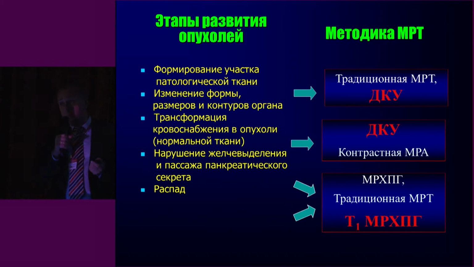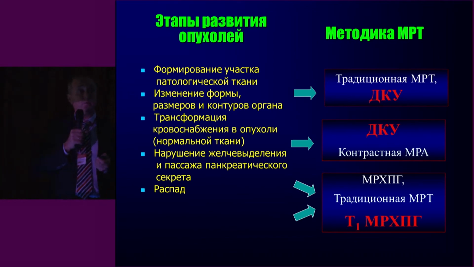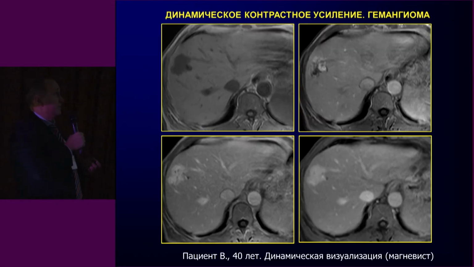I would like to say that we need contrasting agents at the preclinical or subclinical stage to see these or those changes. Because if there is a destruction, if there is a clear clinical pattern seen, the use of contrasting agents is not of that much help.